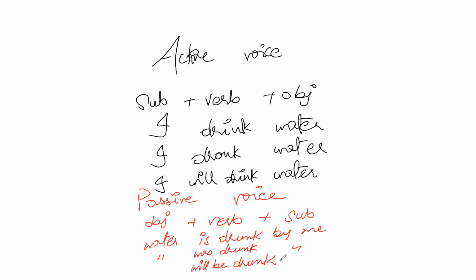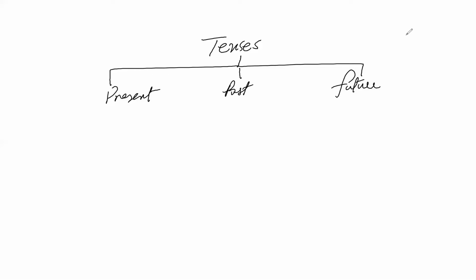We'll delve more into it through a chart. The tenses, as we know, are the active ones. Active or passive, the tenses can only be divided into three sections, that is present, past, and future.